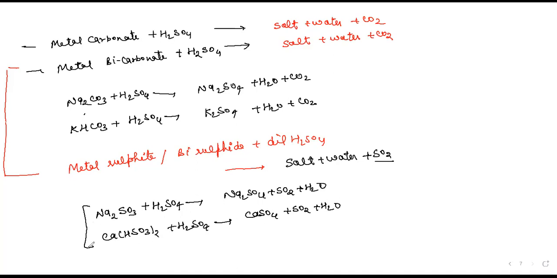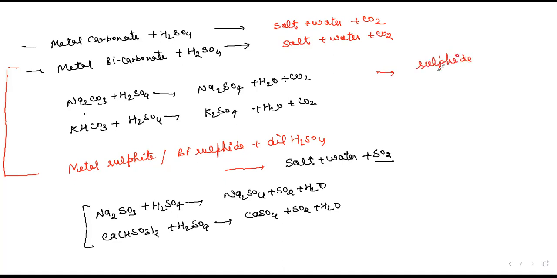So basically, we will get SO2 if we react with metal sulfide or bisulfide, and we will get CO2 if we react with carbonate or metal bicarbonate. Isn't it, beta? Yes.